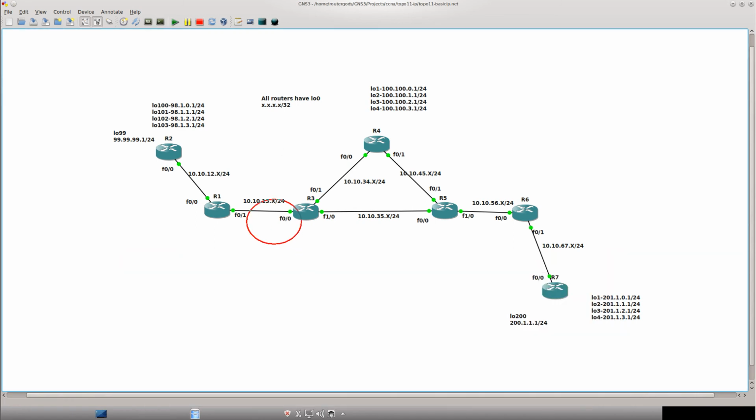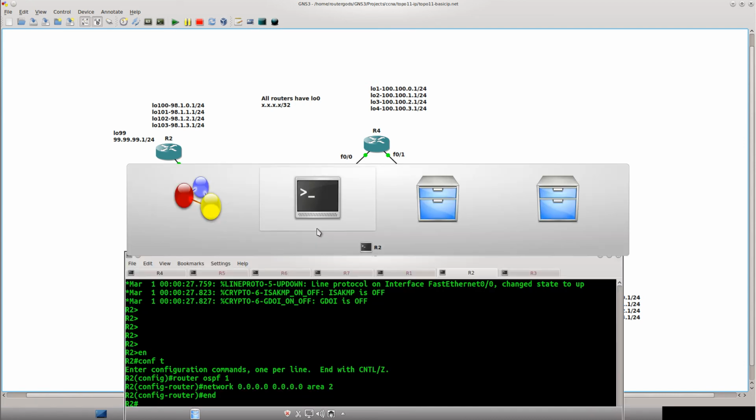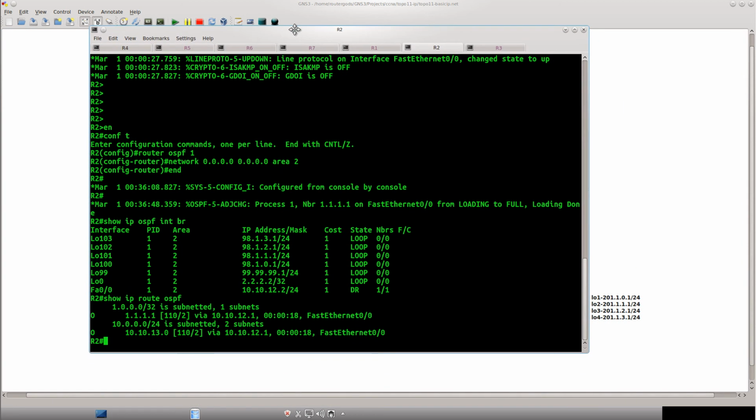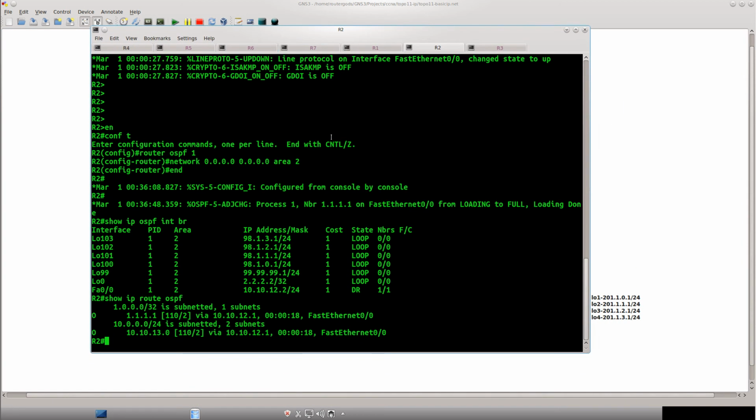Okay, that's cool. We have a loopback over here. That's cool. But we don't have anything in that center triangle. We have no route for that center triangle.